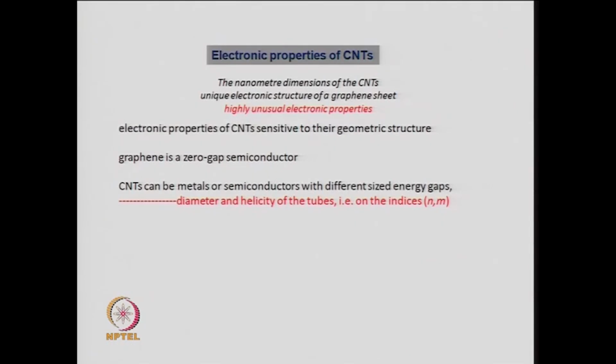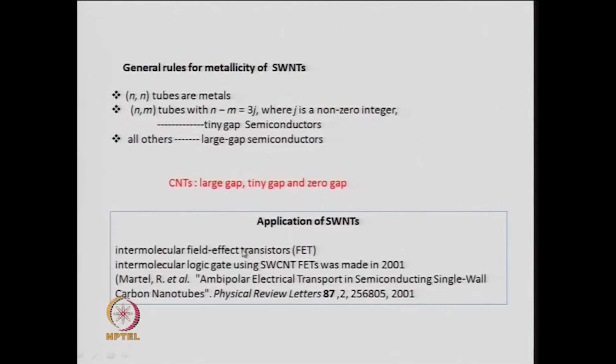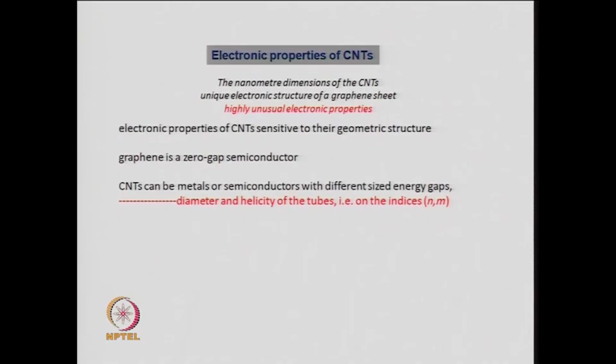So, they can have low gap, high gap. We can modify the carbon nanotubes by changing the diameter of the carbon nanotube and also the helicity of the tubes. So, the helicity of the tubes depends on these indices, on the chirality or the coefficients of the vectors, which are the n and m values. So, carbon nanotubes can vary as metals, semiconductors, and semiconductors with different band gaps.